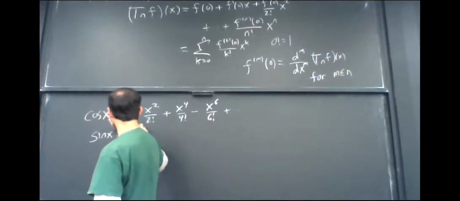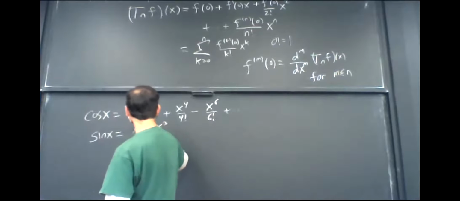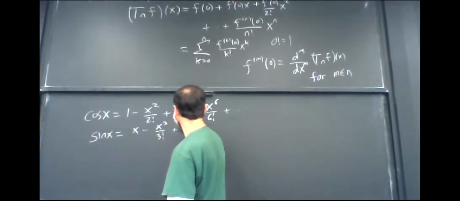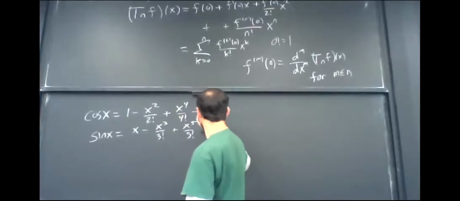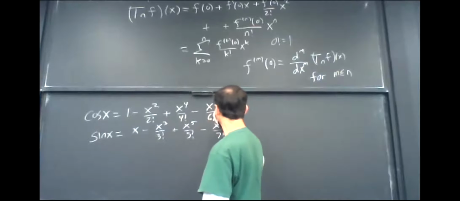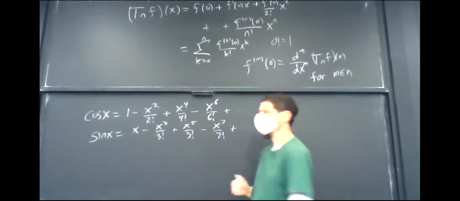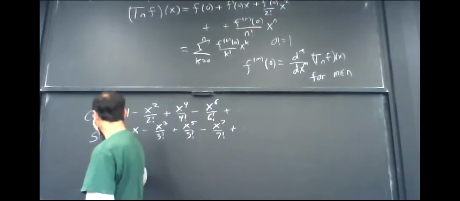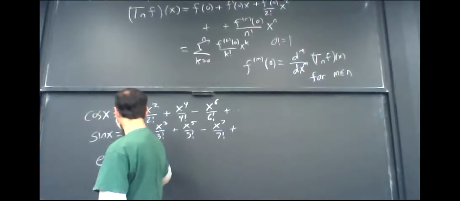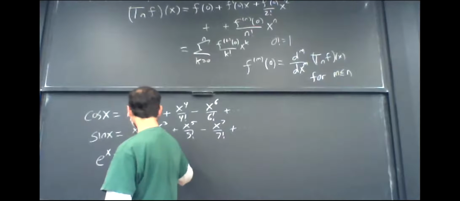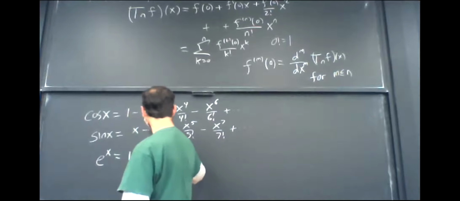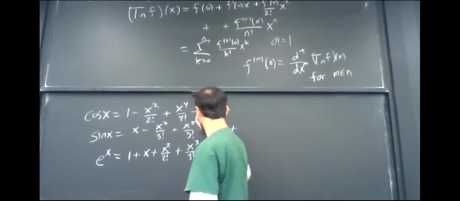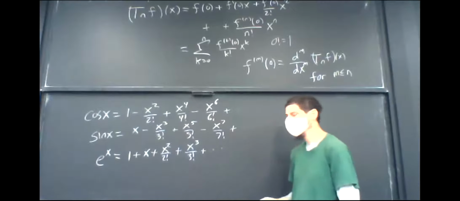Sine of x is x minus x cubed over 3 factorial plus x to the 5th over 5 factorial minus x to the 7th over 7 factorial. And an extremely important one is e to the x is 1 plus x plus x squared over 2 factorial plus x cubed over 3 factorial, and so on and so on and so on.